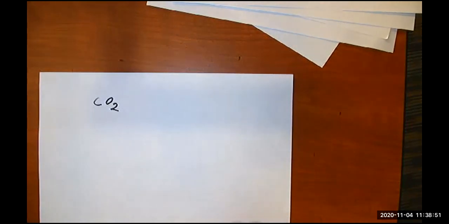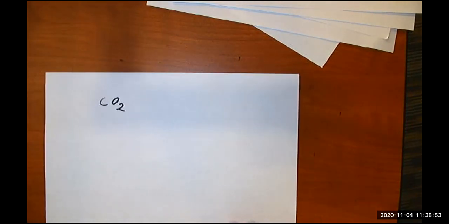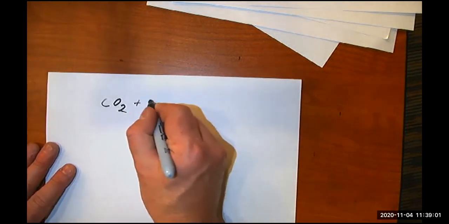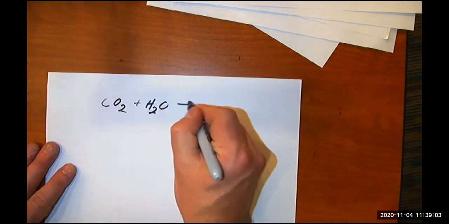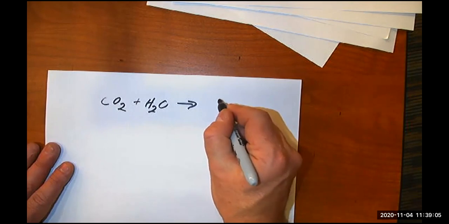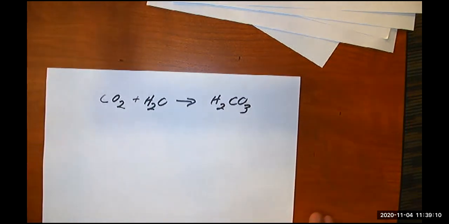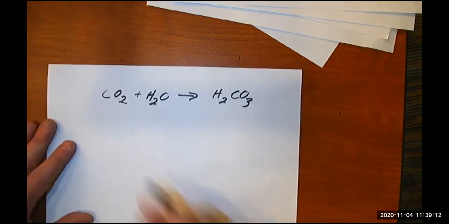Our atmosphere has carbon dioxide in it. And from Henry's law, we know that gases will dissolve into water. The problem is that carbon dioxide, when it dissolves in water, forms carbonic acid, which is a diprotic acid.